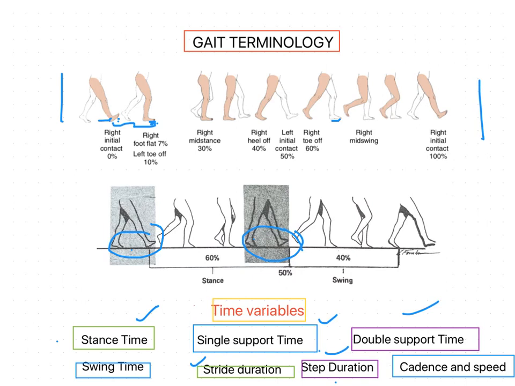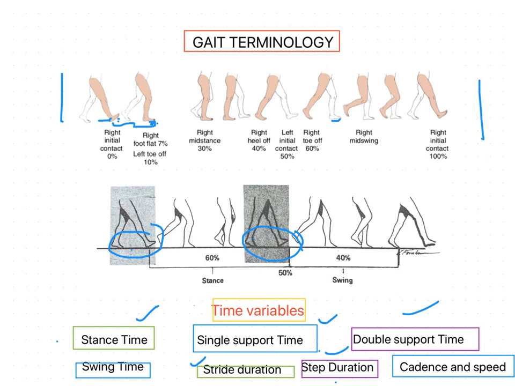As one walks with increased cadence, the duration of the double support period decreases. When the cadence of walking approaches 180 steps per minute, the period of double support disappears, and at that stage running commences. So 180 steps per minute leads to running.